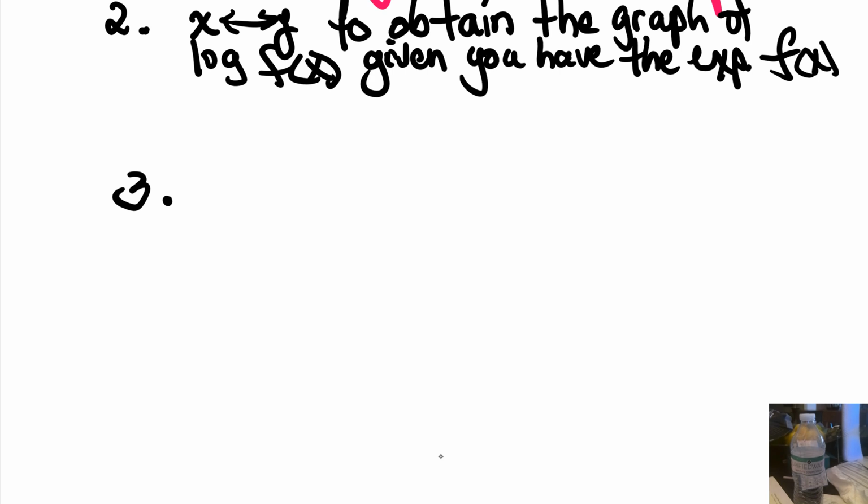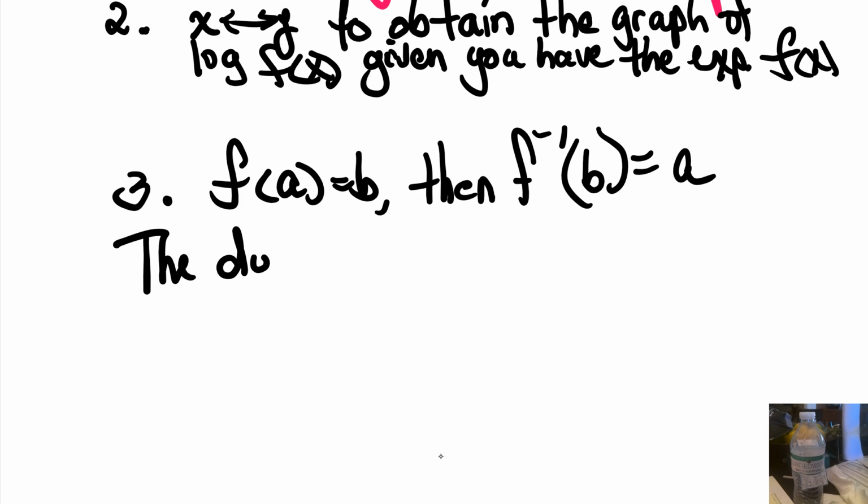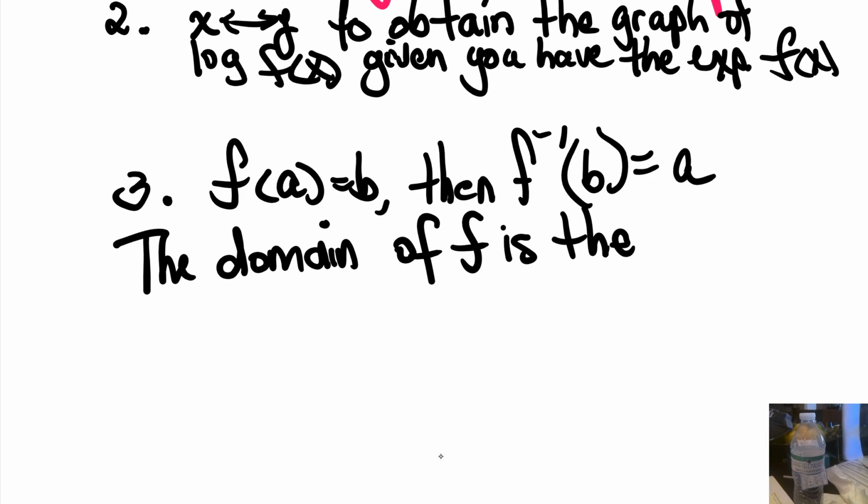So point number 3 is that if I have f of a that equals b, then f inverse, which is this notation with the little -1, b is equal to a. That's what we just did, basically. So the domain of f is the range of the inverse.